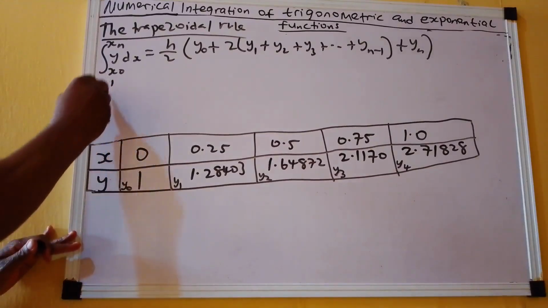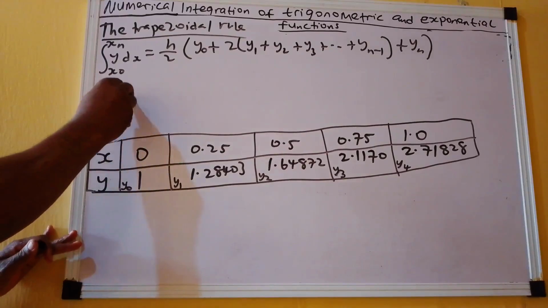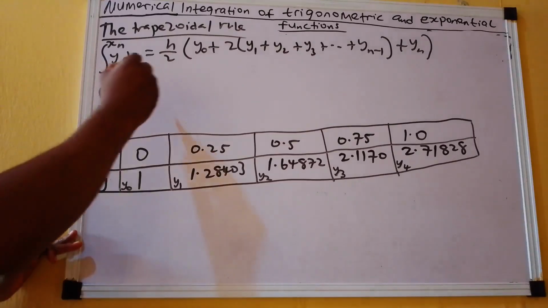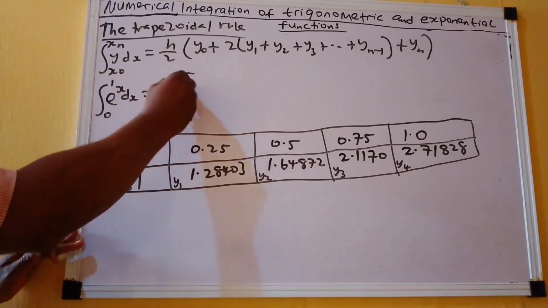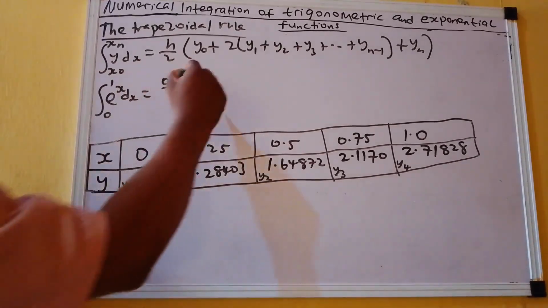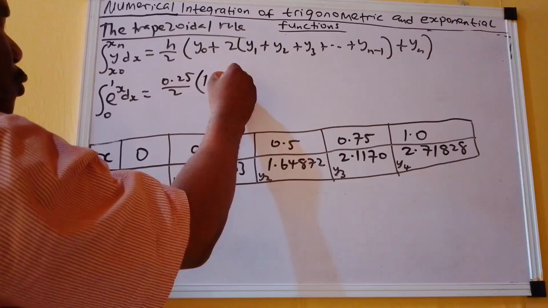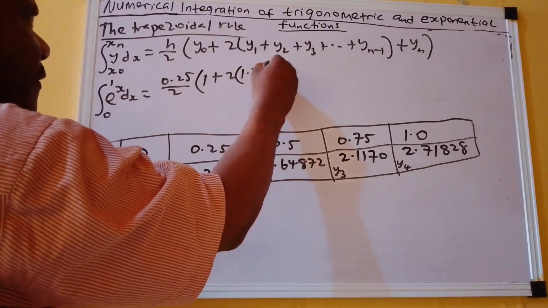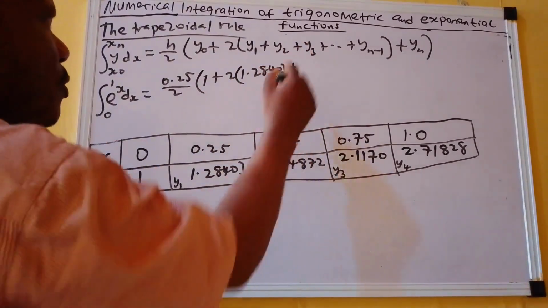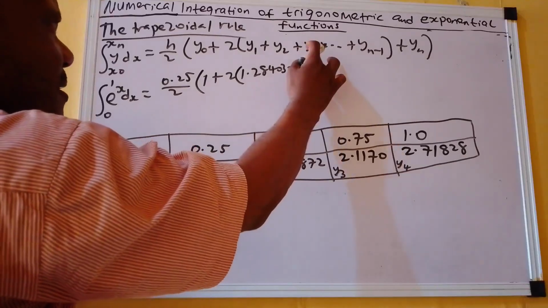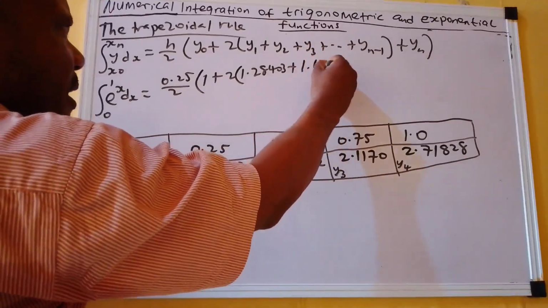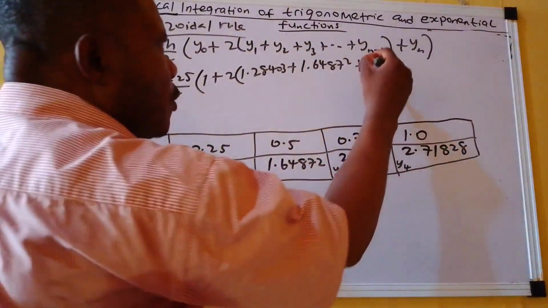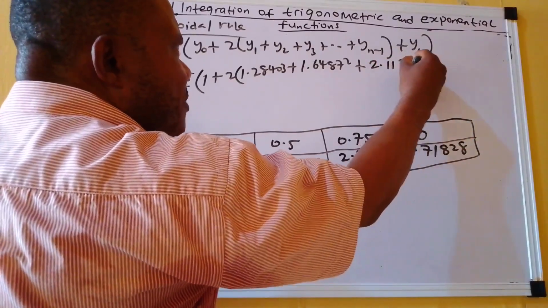Our problem again is the integral from 0 to 1 of exponential x dx, and of course our h is 0.25. It will be 0.25 all over 2 into our y0 is 1 plus 2 into 1.28403 plus 1.64872 plus, of course, the third one 2.1170.